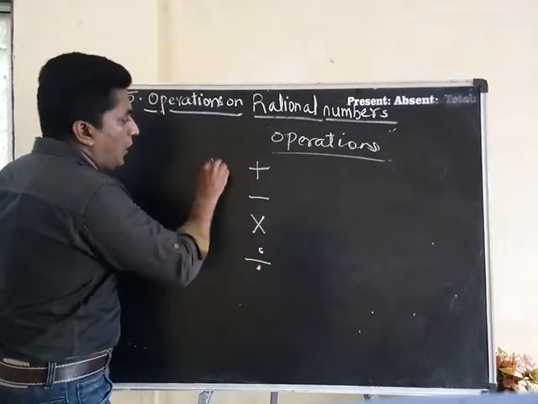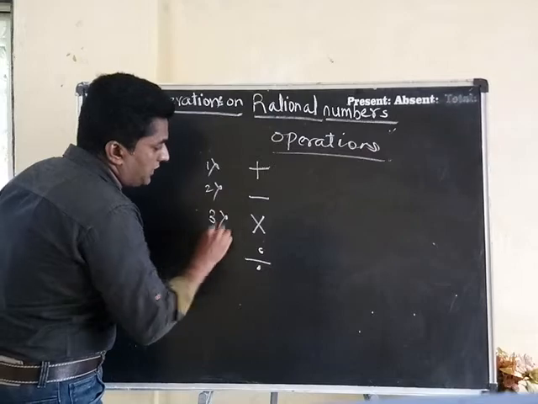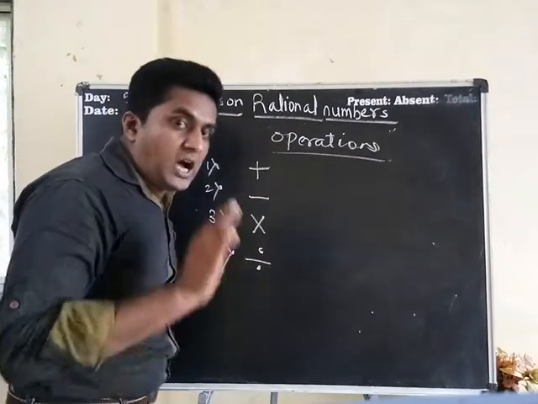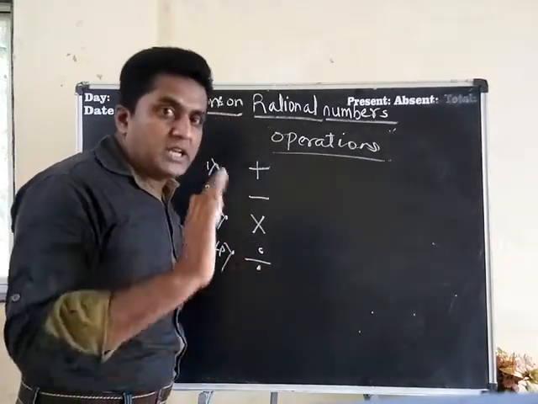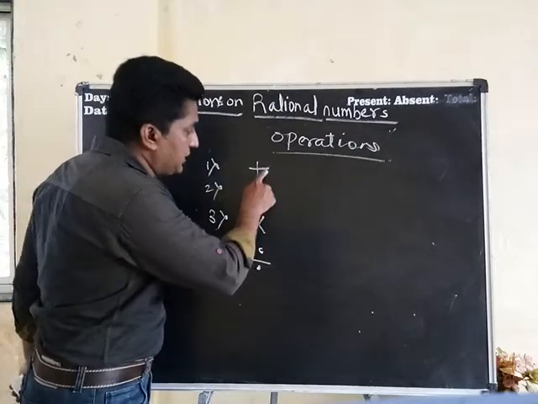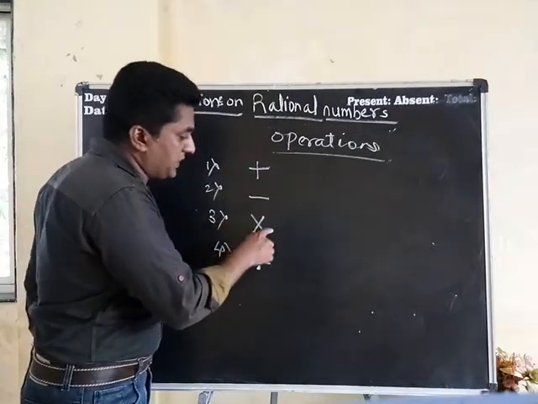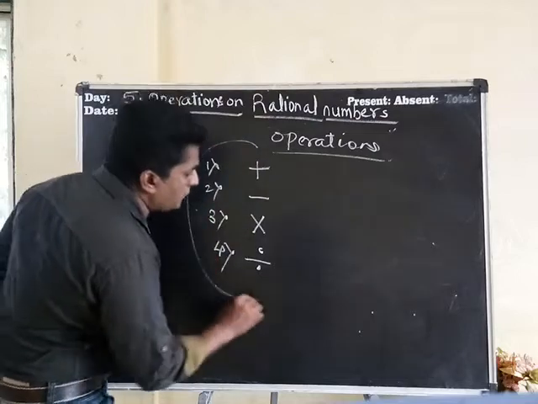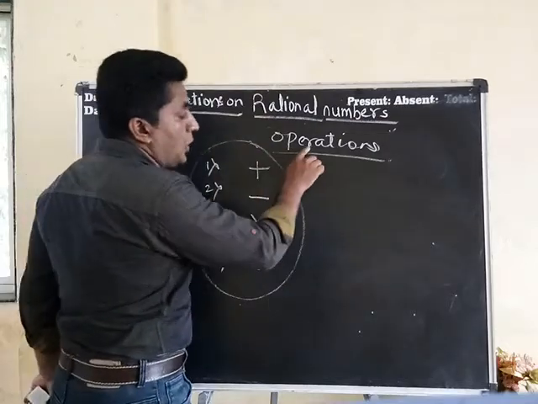These are 1, 2, 3 and 4. There are 4 operations in mathematics: addition, subtraction, multiplication, division. These all 4 are called operations.